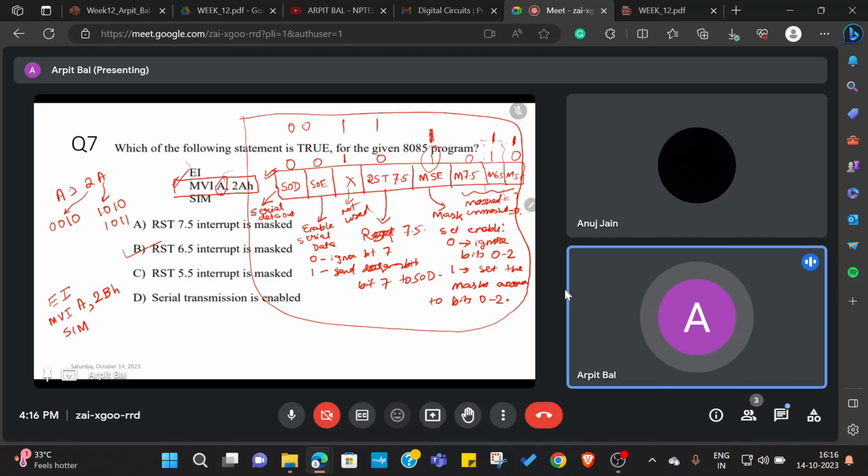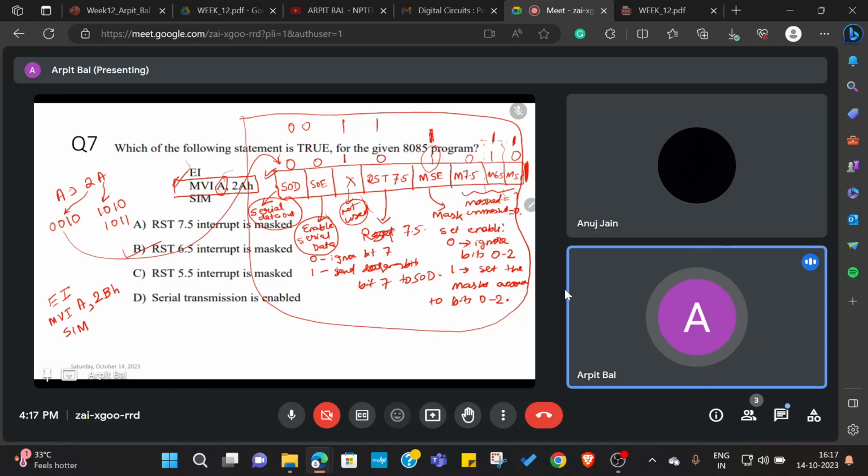MVI instruction moves 2A into the accumulator, and 2A means 00101010. So this is the entire register that is used for setting the interrupts. What we do is we map those values to these corresponding locations. Then based on the characteristic of each of these locations, I figure out what it is going to do.